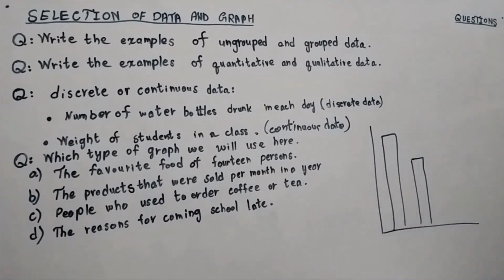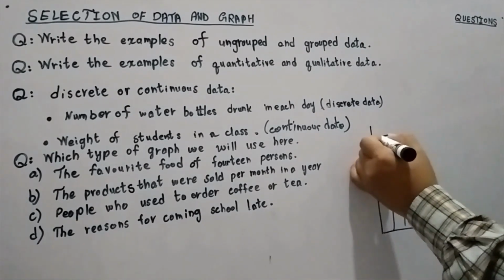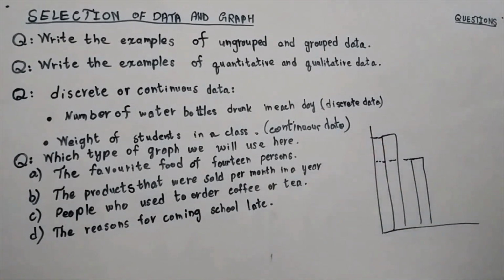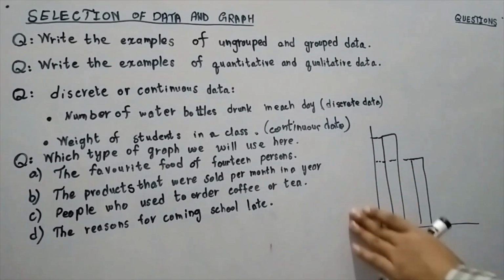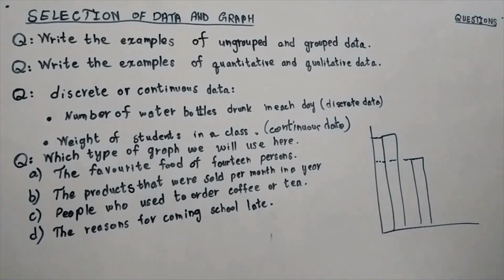If we use a bar chart, we can get a clear visualization: these are the number of students who come to school late for this specific reason, and these are the number of students who come late for this other reason. So here we can use a bar chart.